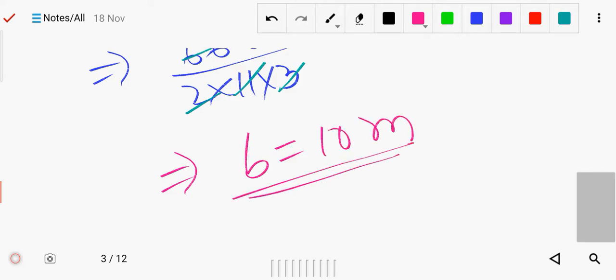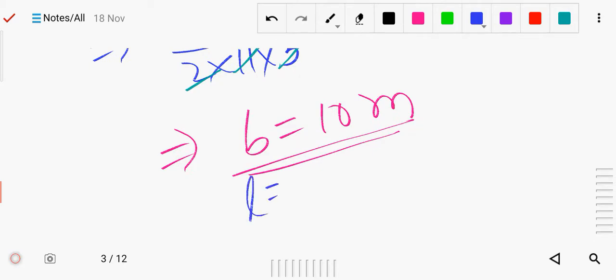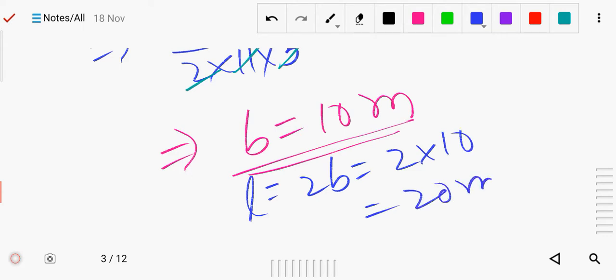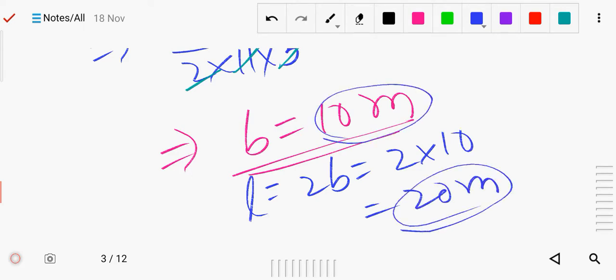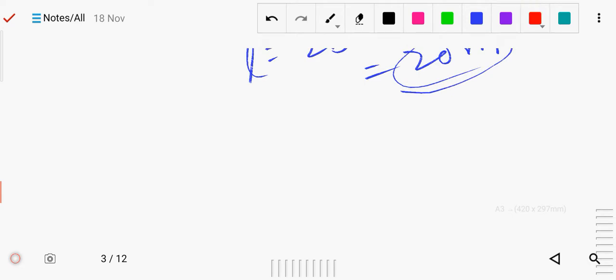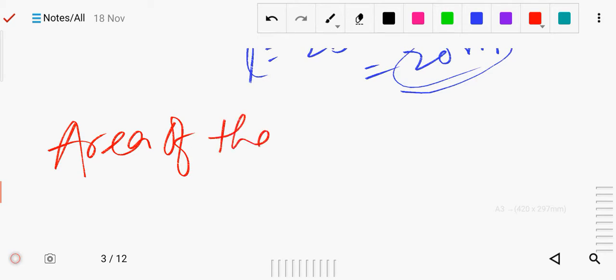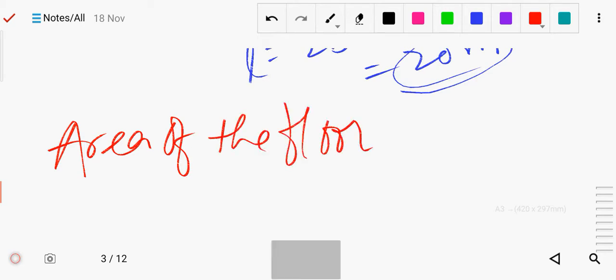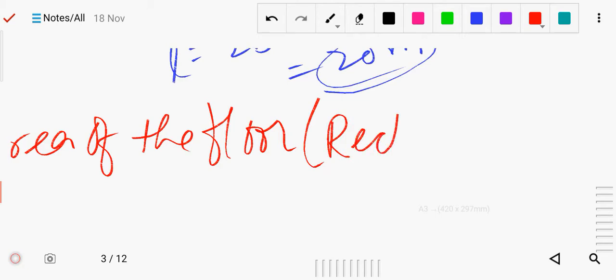Now what will be the value of L? L we have assumed 2b, so multiply 2 into 10, so it is 20 meter. So the breadth is 10 and the length is 20 meter. Now next you have to find the area of the floor.